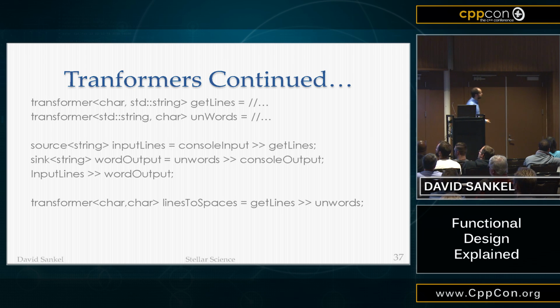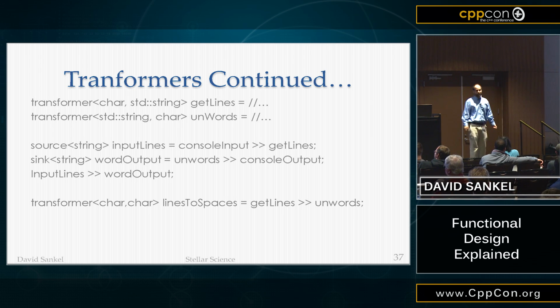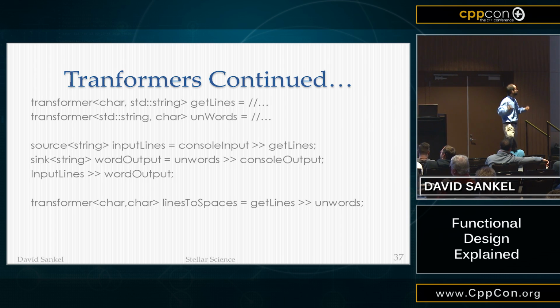So let's look at an example. Let's say we have this getLines transform, and these are also exercises for you guys. What this does is it'll transform a source of char into a source of string.